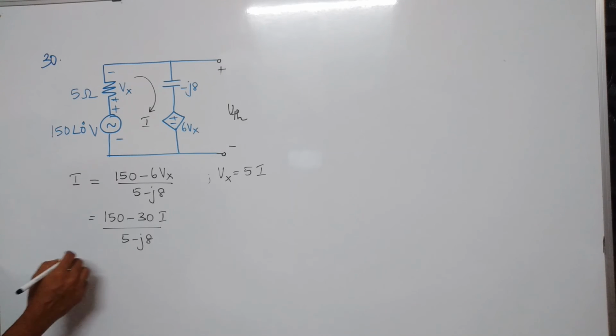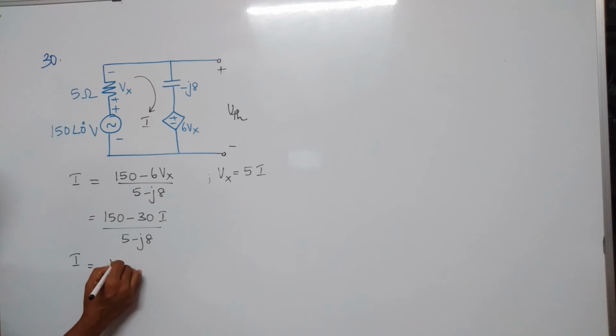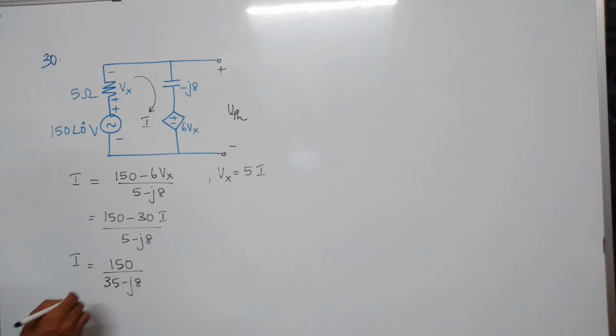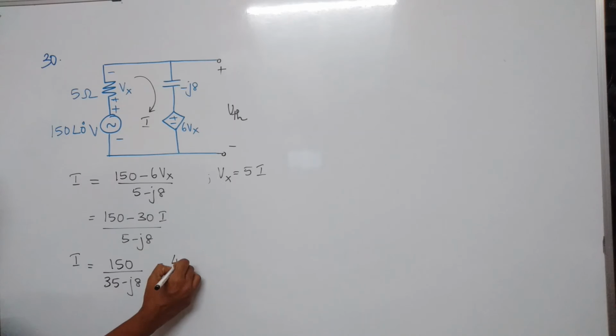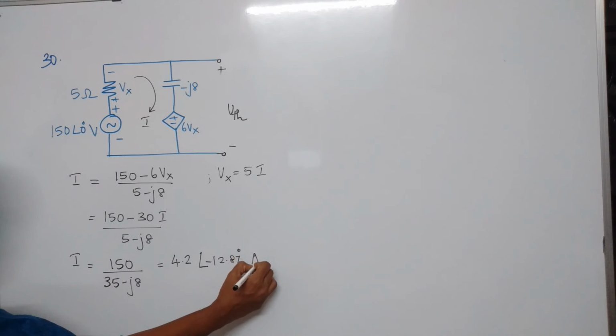Now we simplify and we get current as 150 divided by 35 minus J8, which on simplification gives 4.2 angle minus 12 degree ampere.